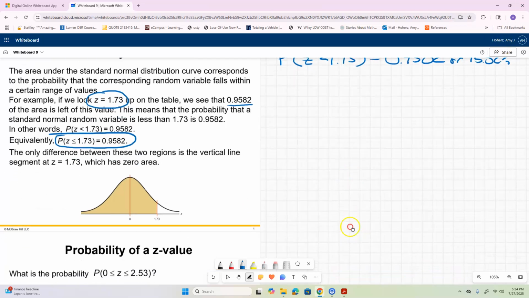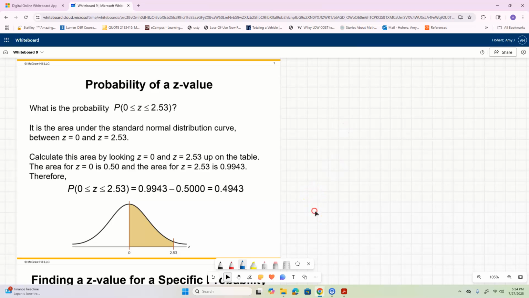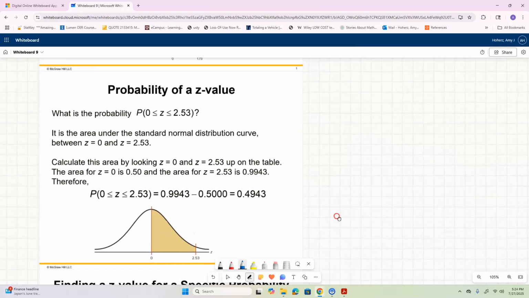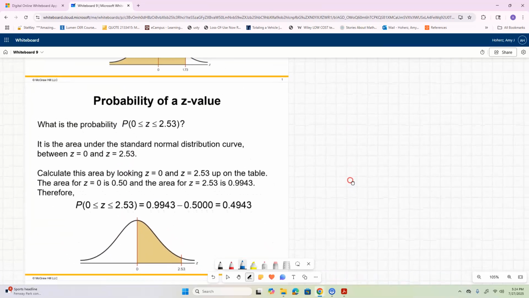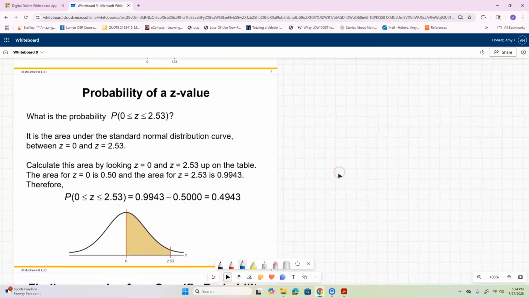Okay, so let's look at another example. Now this one says we're going to do the probability between two values. I'm going to write this again. I know we just did it, but I'll say it again. If they ask to the left, we're just going to use the chart. That's what we did on the last problem.